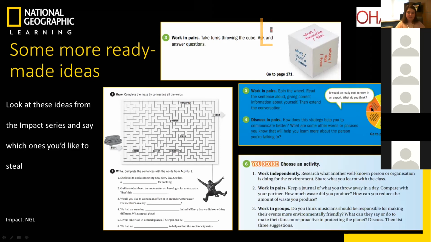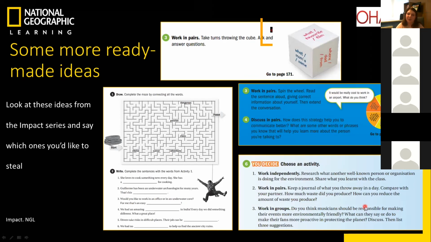And alternatively, you may want to steal this idea, when students make their own choice of what they want to do. For example, there can be an option for individual work, for peer work, or group work. And then they decide what they really want to do.